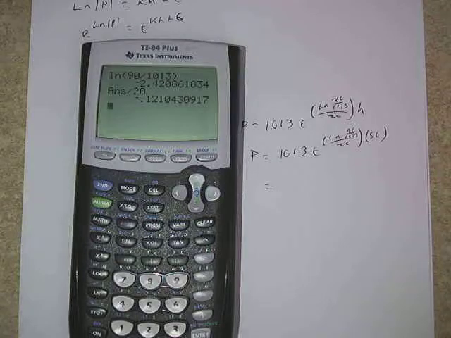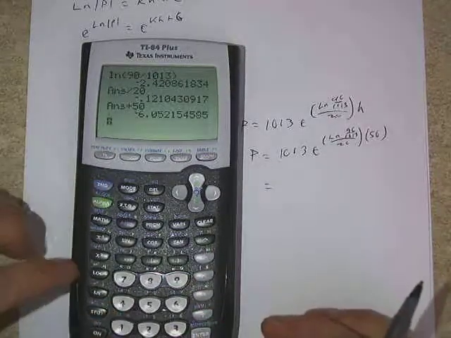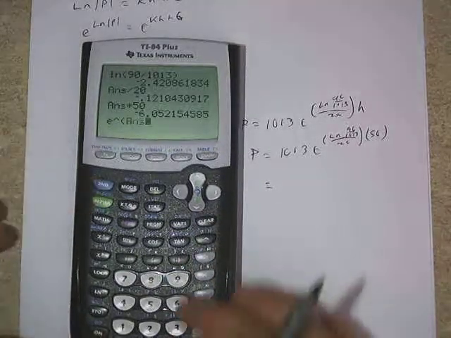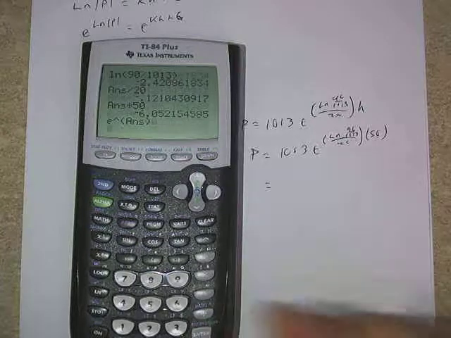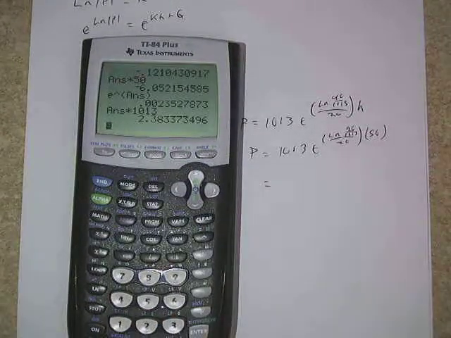Alright, well, let's do it this way then. If I do my natural log of 90 divided by 1,013, just keep these numbers in there. That's divided by 20. So there's that part times 50 would be that.